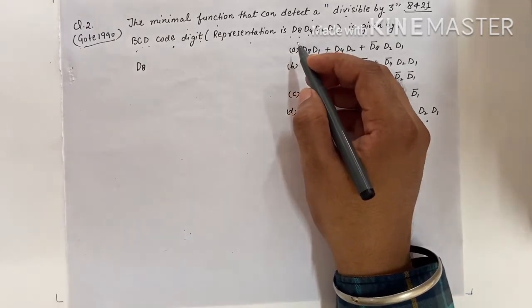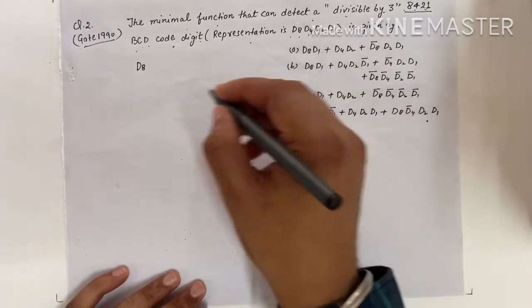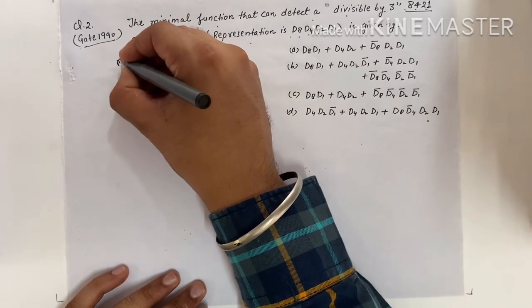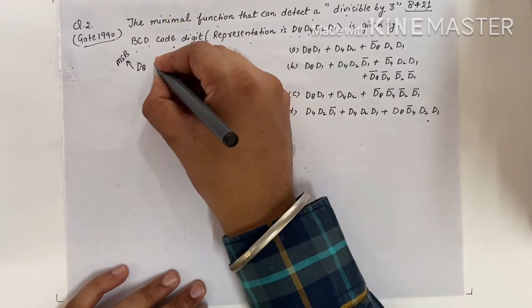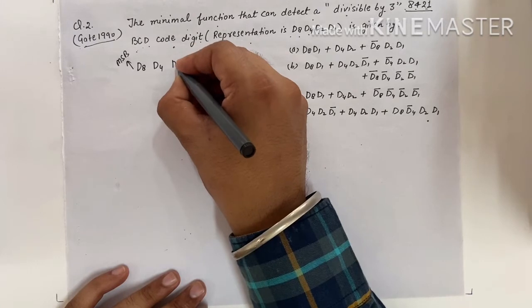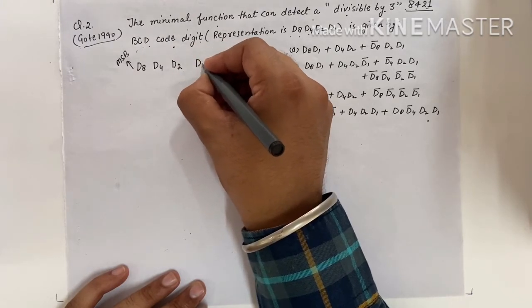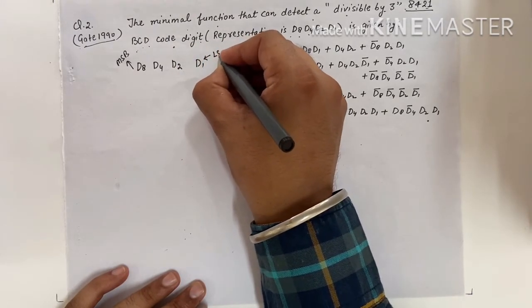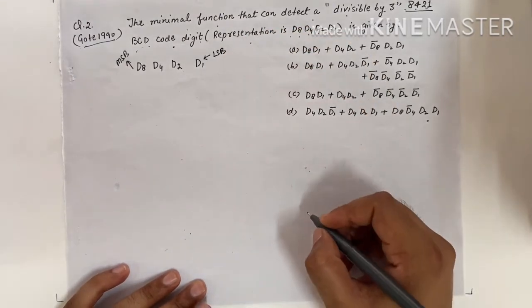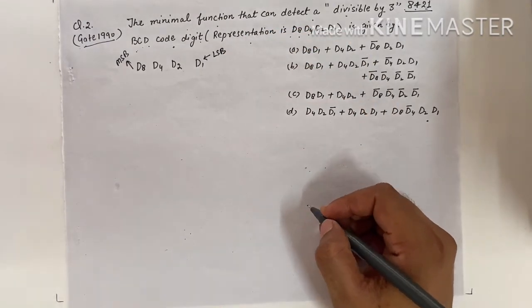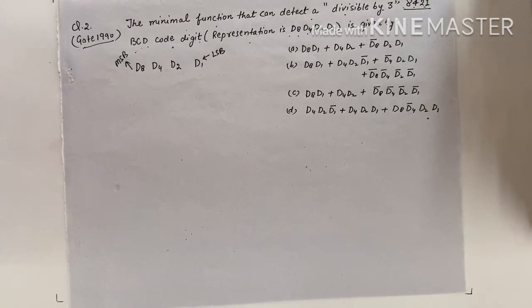So this is the MSB bit. MSB means most significant bit. Next is D4. After that, this is D2 and this is D1. This is the LSB. LSB means least significant bit. Now we have to write the possibilities.